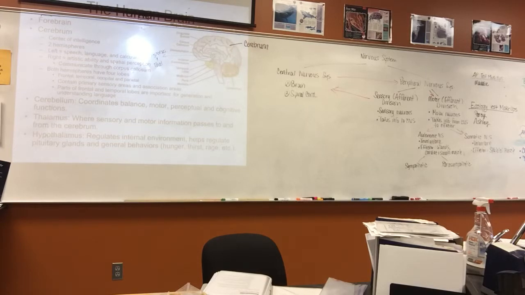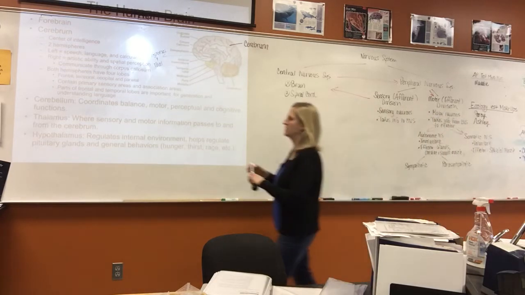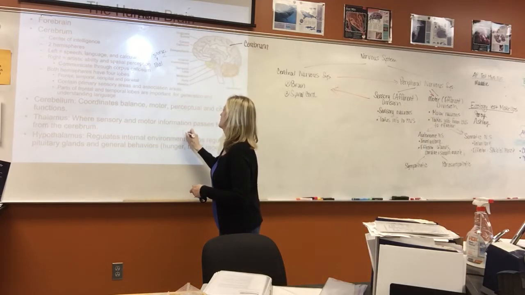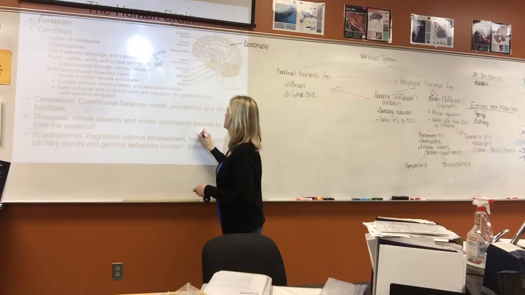So your hypothalamus helps with regulating body temperature. That's an example of regulating internal environment. So let's write that down here. Example is temperature.